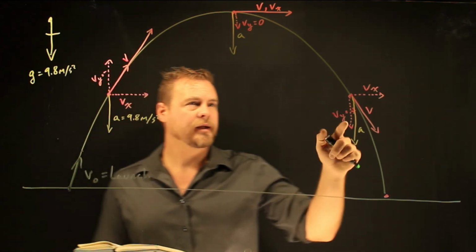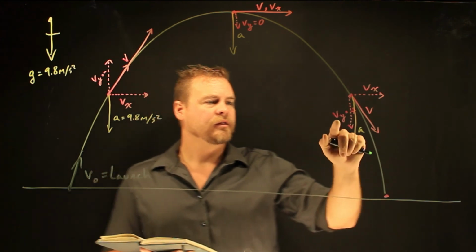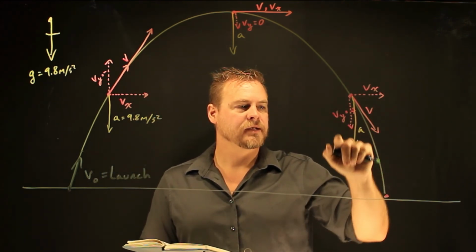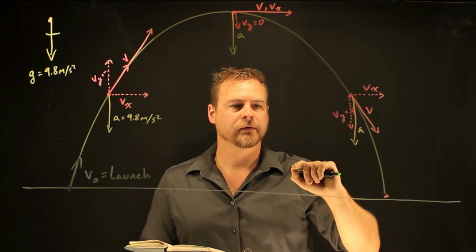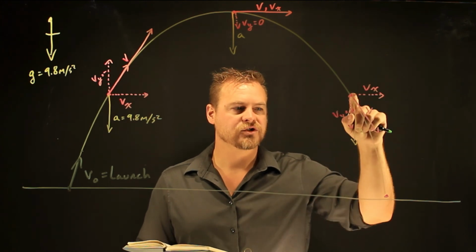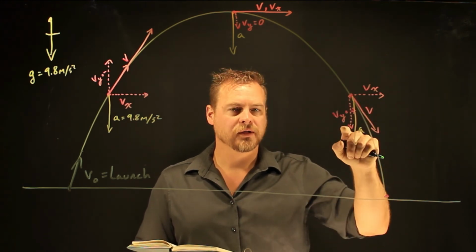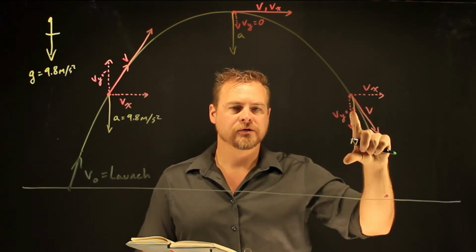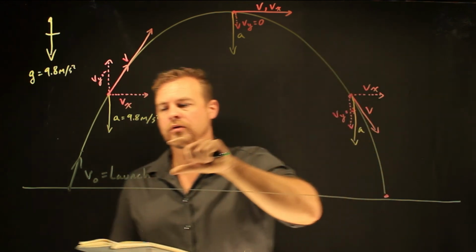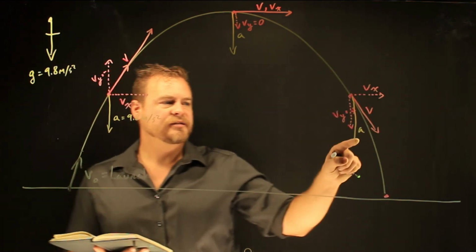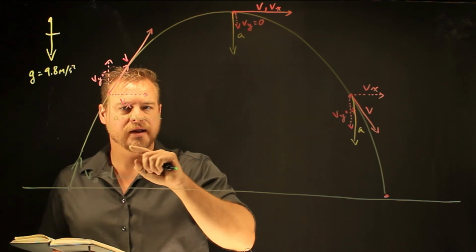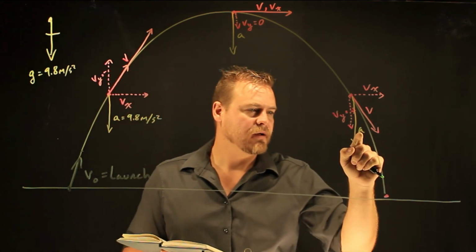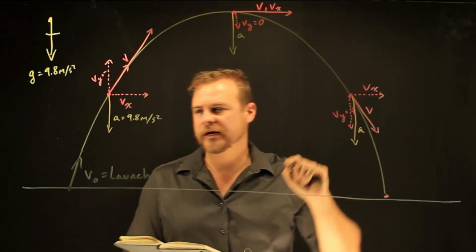But then on the second half of the curve, the y velocity is in line with the acceleration. And so now that the acceleration, or the change in velocity, is parallel with the velocity, they will increase. What you see here is a symmetry, because a was 9.8 meters per second squared here, and a was 9.8 meters per second squared here.